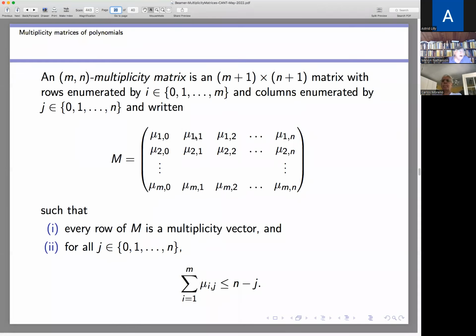And if you have a positive integer in some place in a row, the next coordinate to the right is strictly one less. The last coordinate in every row is 0, and each column sum is at most n minus j. So that is a multiplicity matrix.